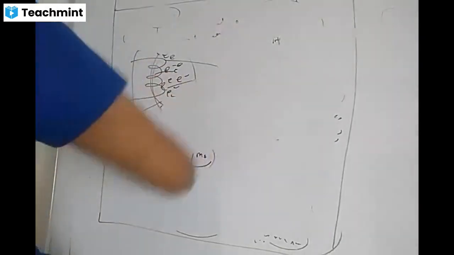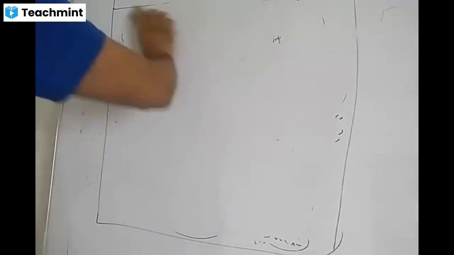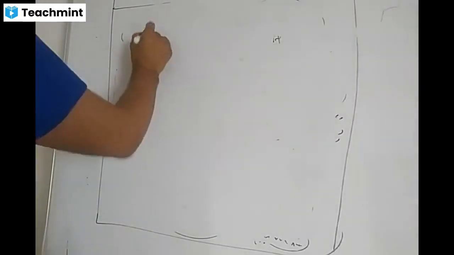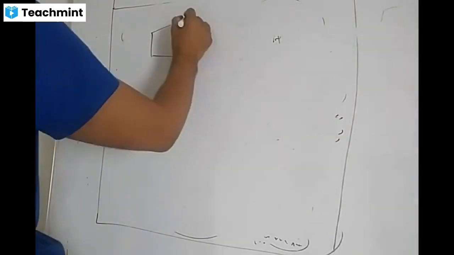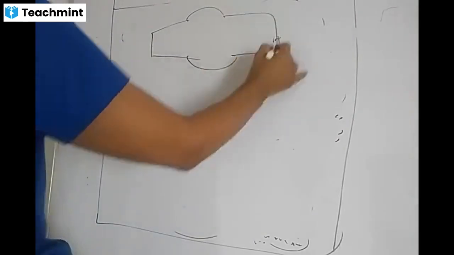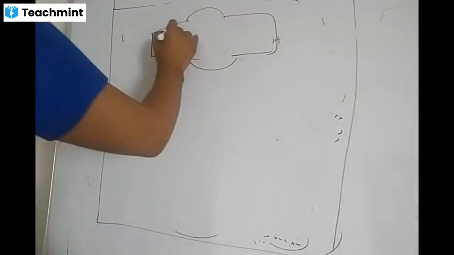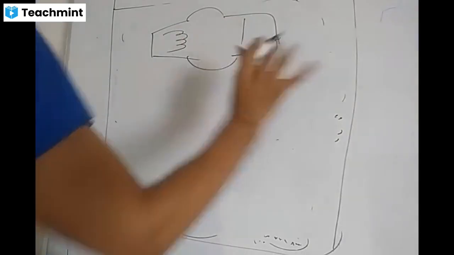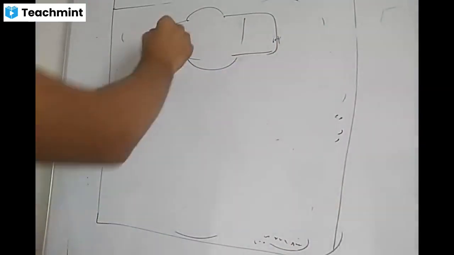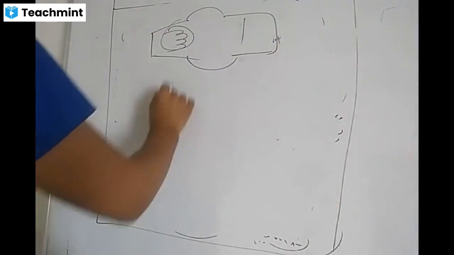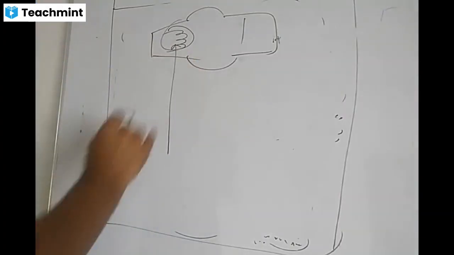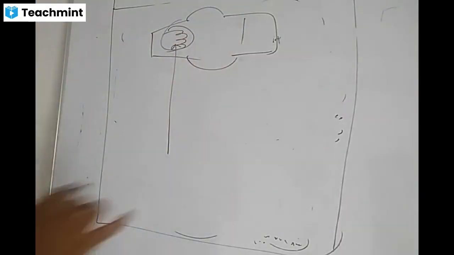This is our X-ray tube, this is the cathode, and this is the anode. The X-ray tube says, whatever you give to me, I will convert that part only.